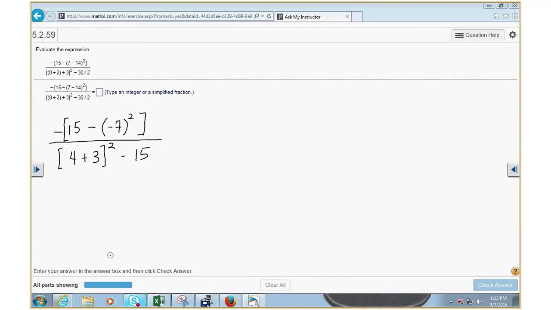What is negative 7 quantity squared? So negative 15 minus 49 over 4 plus 3 is what?